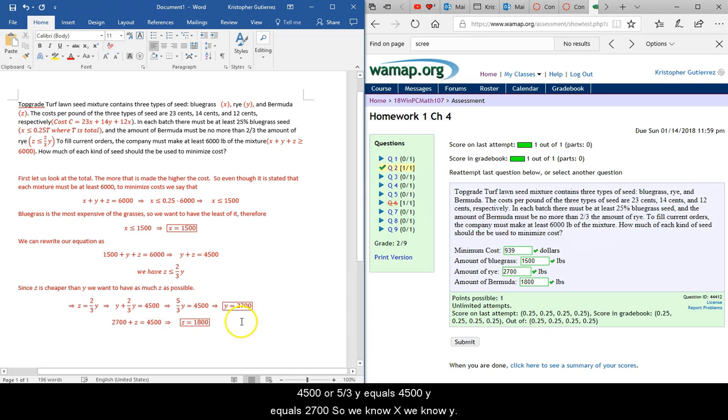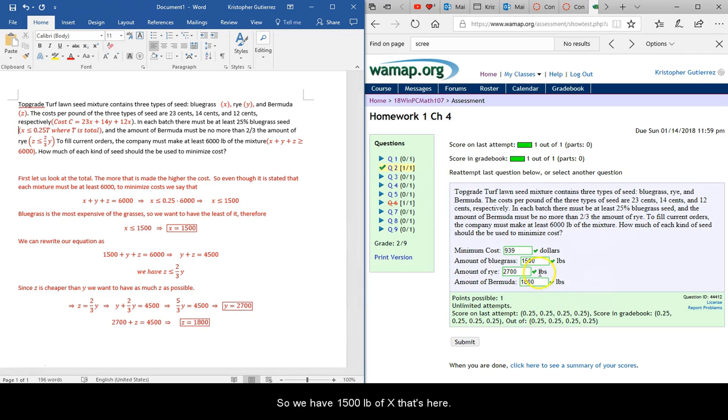So we know X, we know Y, and we know that Y plus Z equals 4,500. So I'll put Y as 2,700. 2,700 plus Z is 4,500, and that gives us Z equals 1,800. So we have 1,500 pounds of X, that's here, 2,700 pounds of Y, that is here, and 1,800 pounds of Z, and that is here.